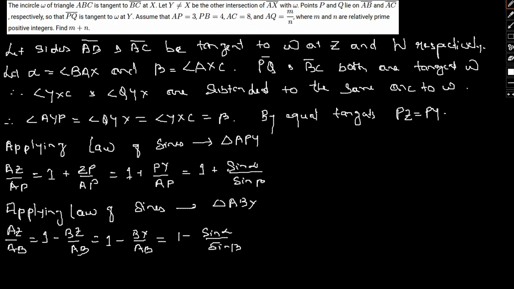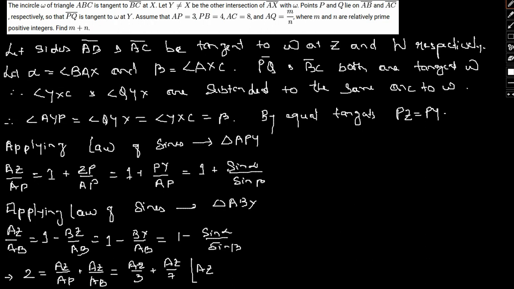So this would further follow 2 equal to AZ by AP plus AZ by AB equal to AZ by 3 plus AZ by 7.